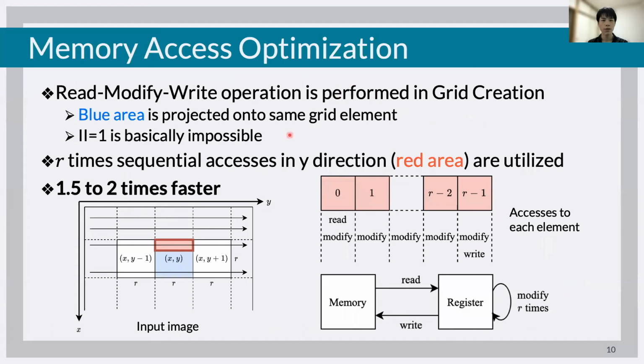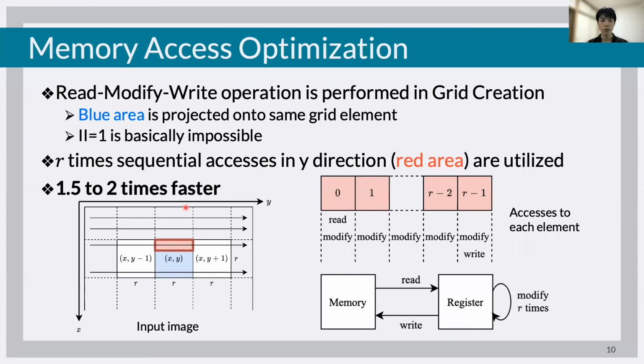Then, we view the memory access optimization. In the grid creation, there are read, modify, write operations, which cannot be performed in one clock. Thus, the II equals 1 operation is basically impossible. However, we can solve this problem by utilizing the regular and the local memory access pattern.